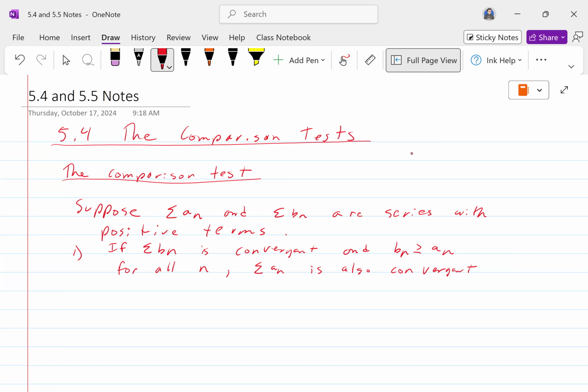So if A sub n is less than a known convergent series, then A sub n must also converge.